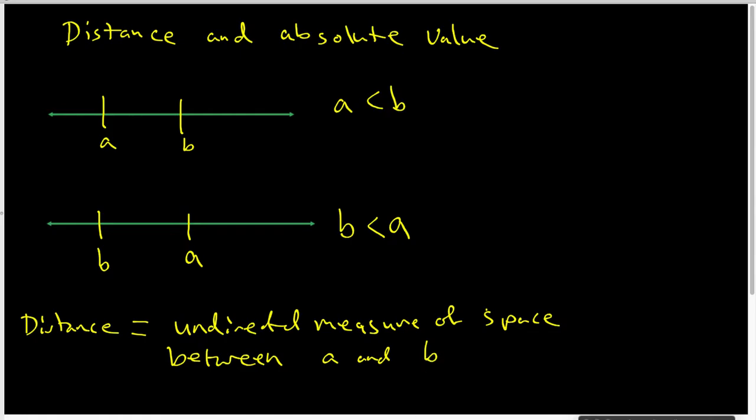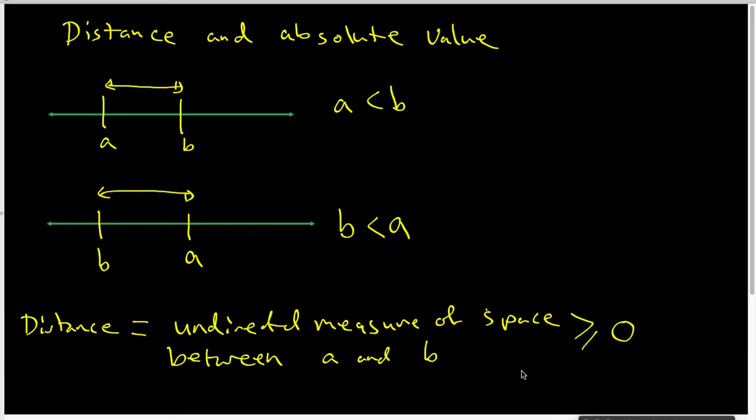In other words, just to make this a little bit clearer, the distance is going to be this much space in both of these number lines. Now, because it's undirected, I want to think about distance as always being a non-negative number. Distance, by definition, is going to be something that is bigger than or equal to 0.